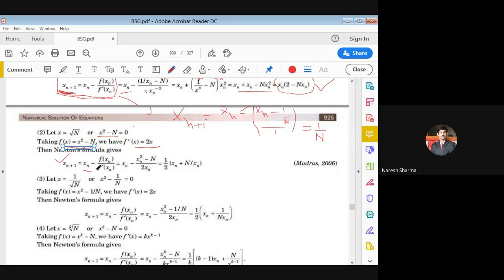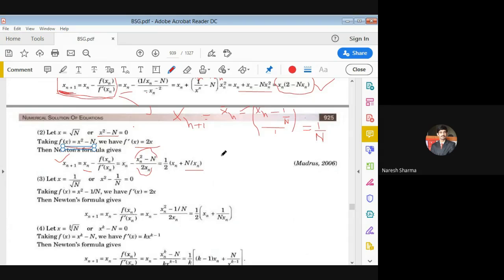To get the iterative formula, just put this in the Newton-Raphson formula. That is x n minus the function, x square minus n, divided by its derivative 2x. If we take LCM here, that is 2x square minus x square, that will give you x square only, and plus n divided by 2x square. 2 we may take outside, x square by x is x n, and plus n by x n.